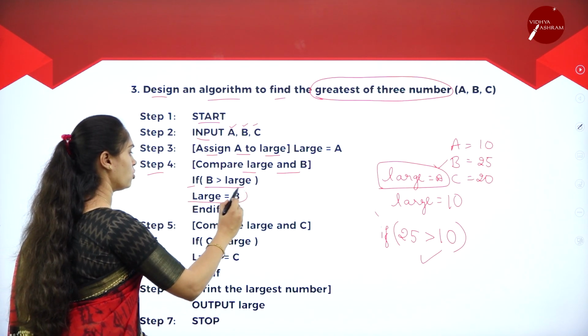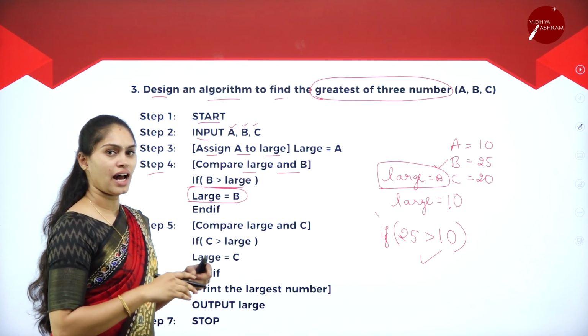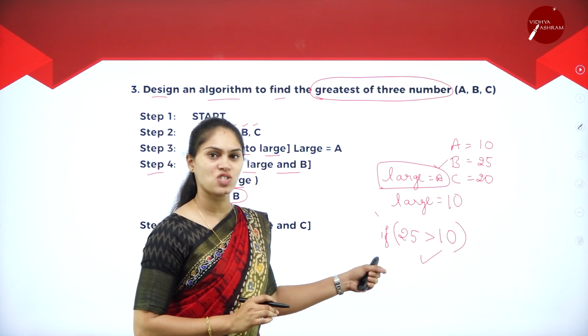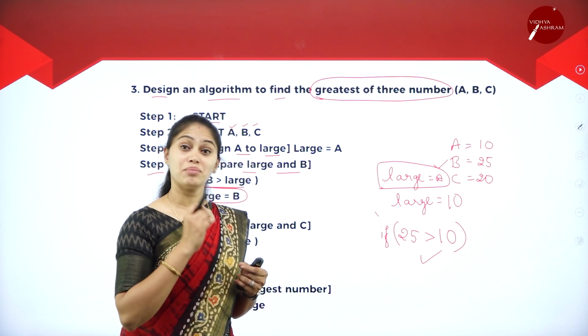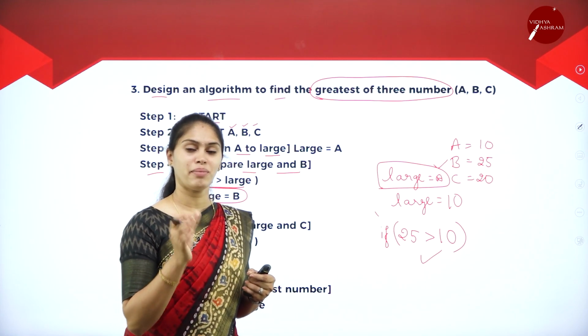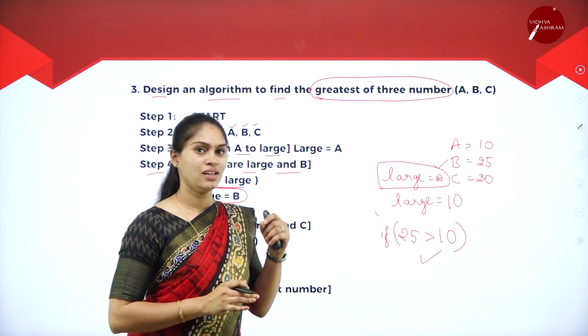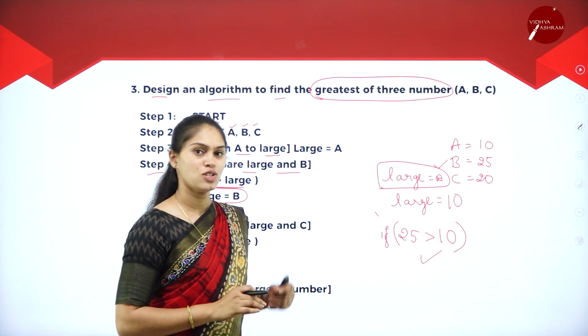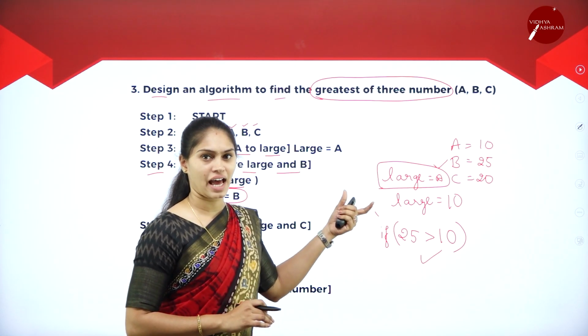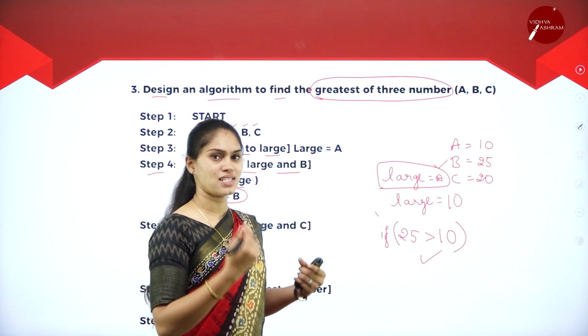Large is equal to B. Now I had initialized A as large, but now I am comparing large with B. But now I got to know that A is not the large. So B is larger than A. So instead of taking A as large, now I am making B as large.